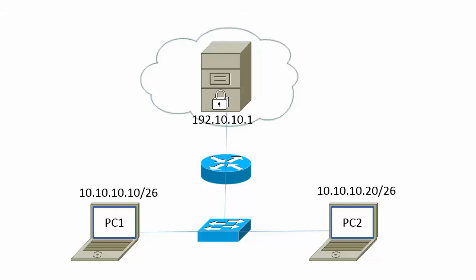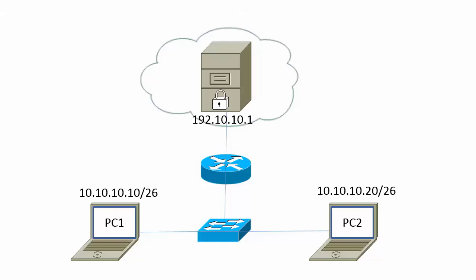When PC1 wants to communicate with PC2, it'll do a DNS lookup of the IP address for PC2. The IP address is 10.10.10.20, and that is what is returned. Now PC1 needs to determine whether PC2 is located on the local subnet. That will help it determine whether the frame will have the MAC address of PC2 or the MAC address of the default gateway.